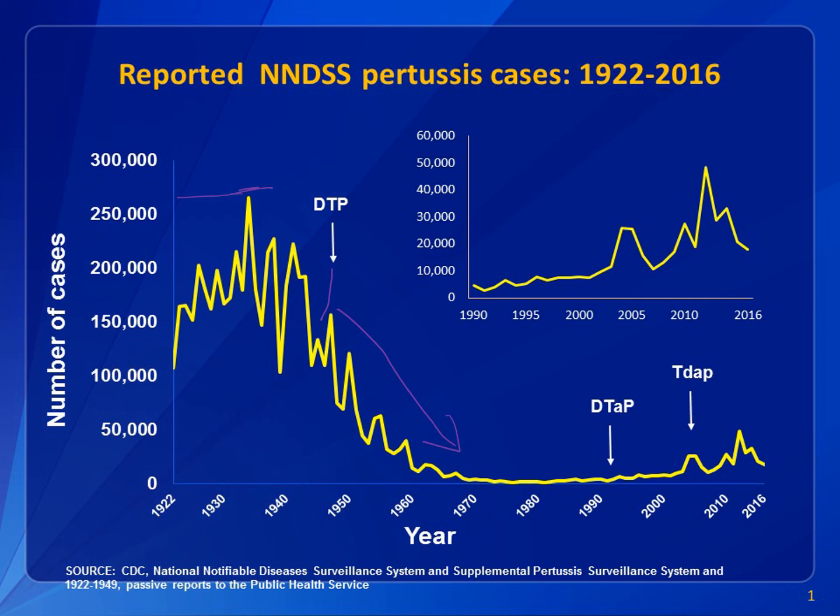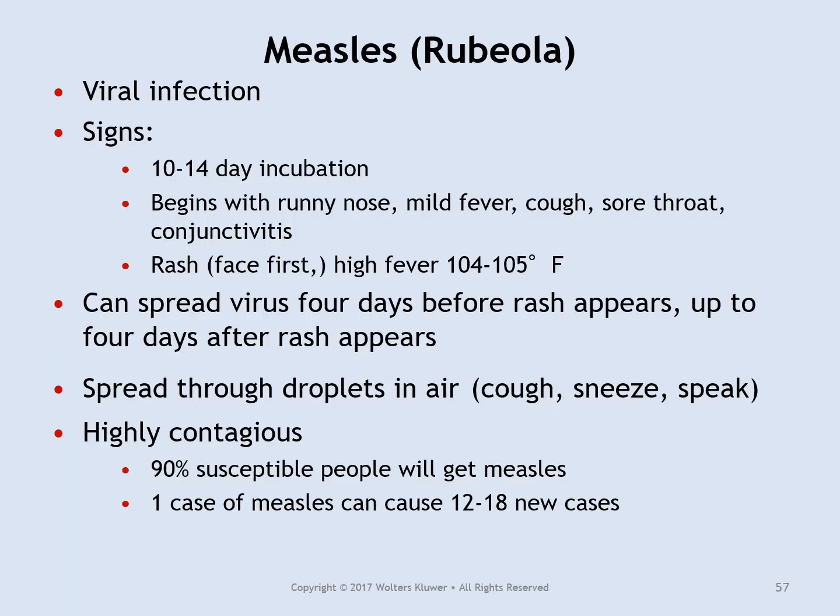And then we see it start to ramp back up again, starting around 1990. In 1990, we went from fewer than 10,000 cases of pertussis to this peak up here in probably 2014, where we hit about 45,000 cases of pertussis. So it increased very quickly over a very short amount of time, which shows that we really need to ramp up what percentage of our population is actually getting vaccinated against pertussis.